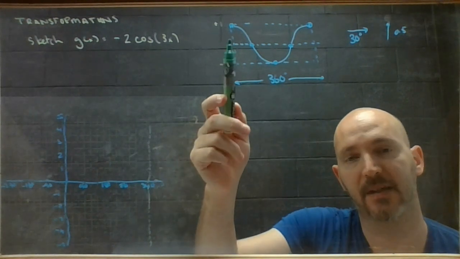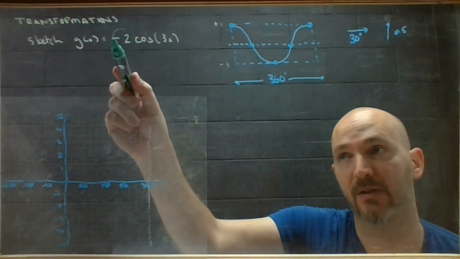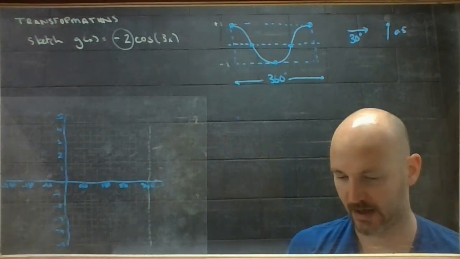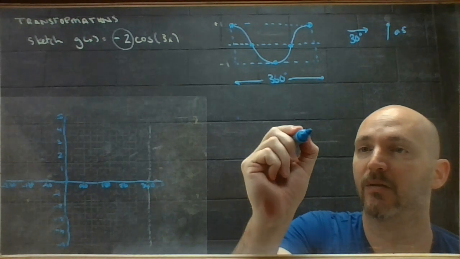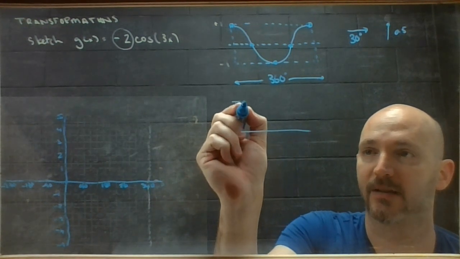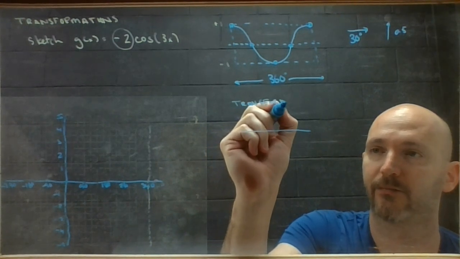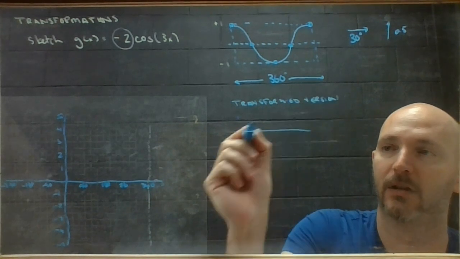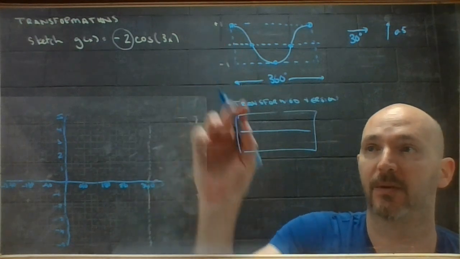But this basic pattern has been modified by this A-type transformation here. So what's that going to do to my cosine pattern? Well, first, this is sort of the translated version, or transformed version. That rectangle won't be 1 up and 1 down anymore.